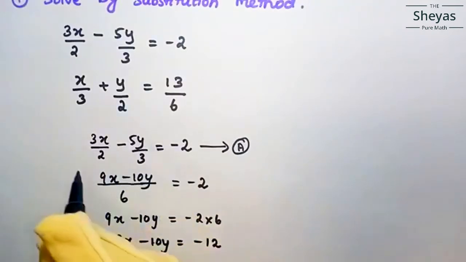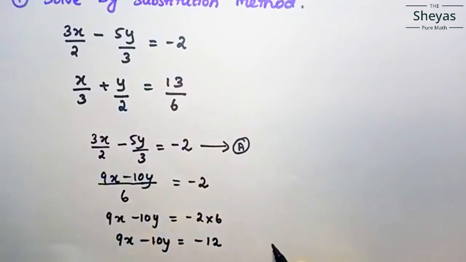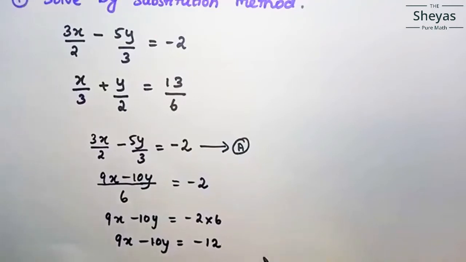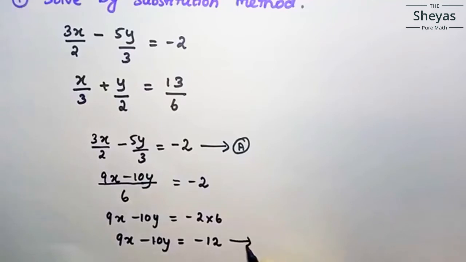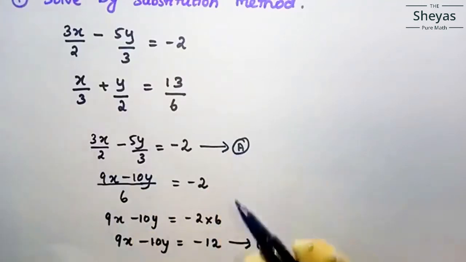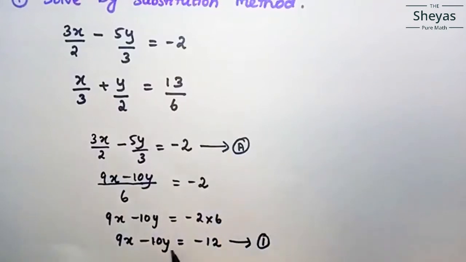Now, this equation you have simplified and made into the general form a1x plus b1y plus c1. So, mark this as equation 1. Equation A you have converted into 1: 9x minus 10y is equal to minus 12.